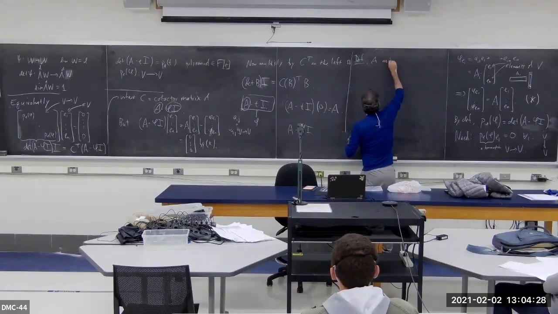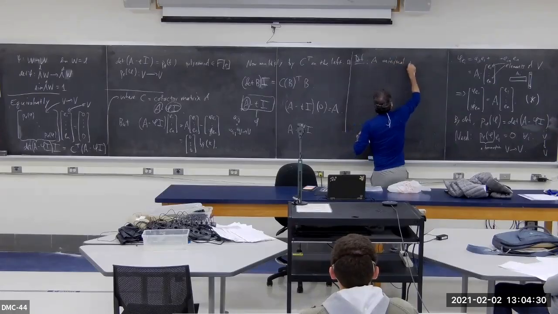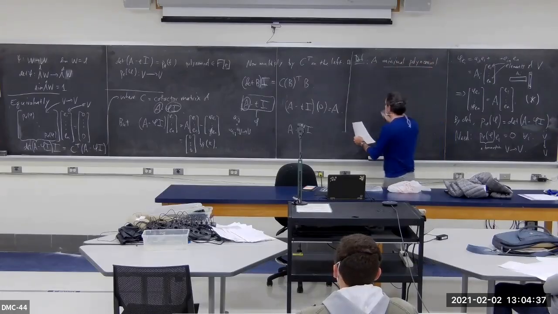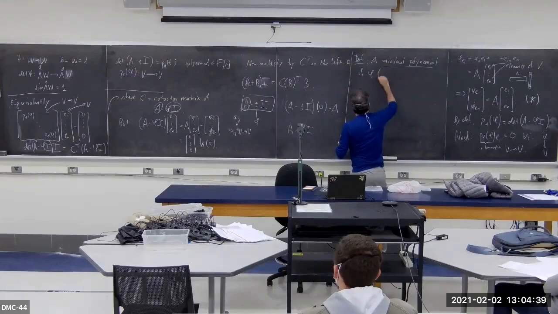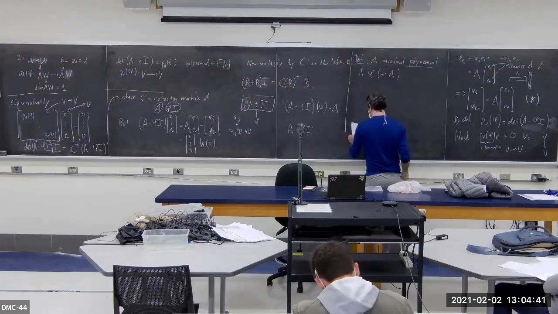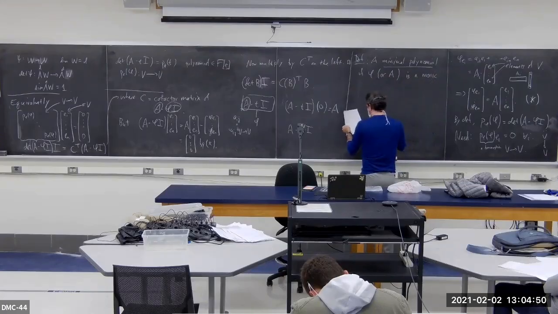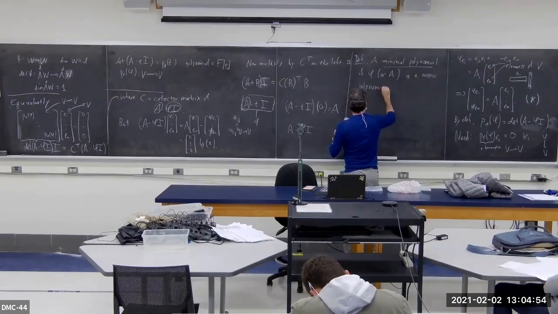A minimal polynomial of phi or A is a monic polynomial. Monic polynomial means that the leading coefficient is 1.